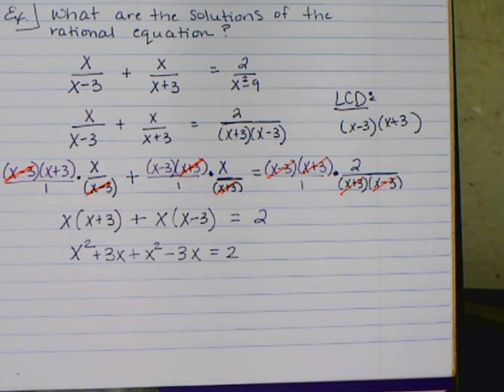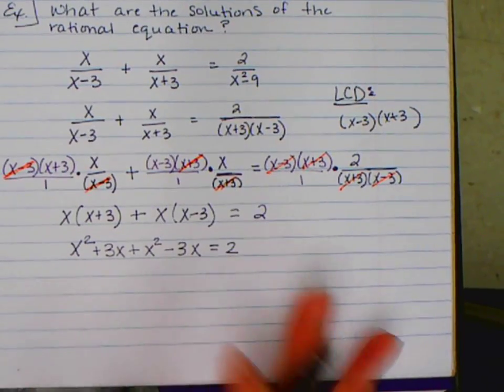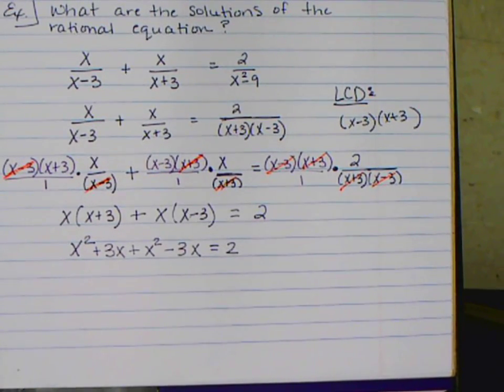Now if I'm solving for x, what do y'all think I should do? Combine like terms, set equal to 0, and put in standard form. And then hopefully we can factor it and then set our factors equal to 0 to solve, right? If not, we can see it's going to be a quadratic, and we could use quadratic formula or completing the square, but let's just see what we have.